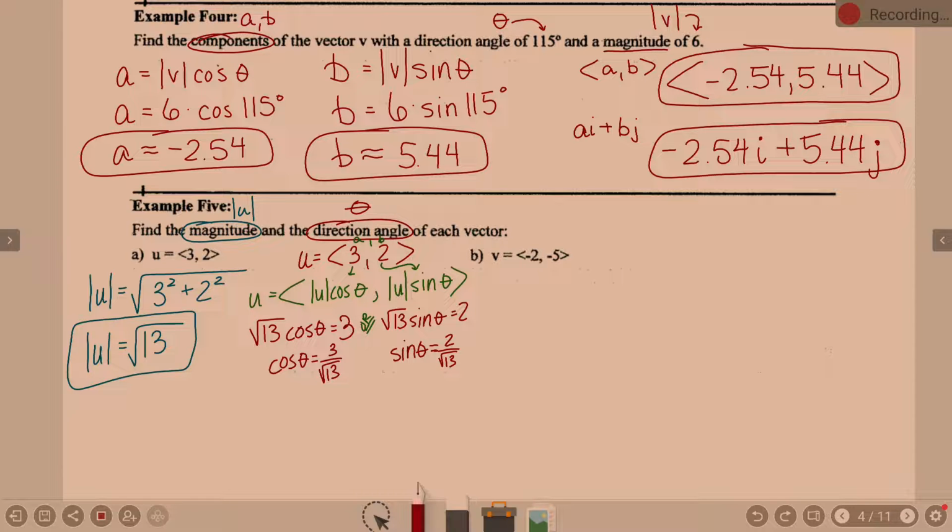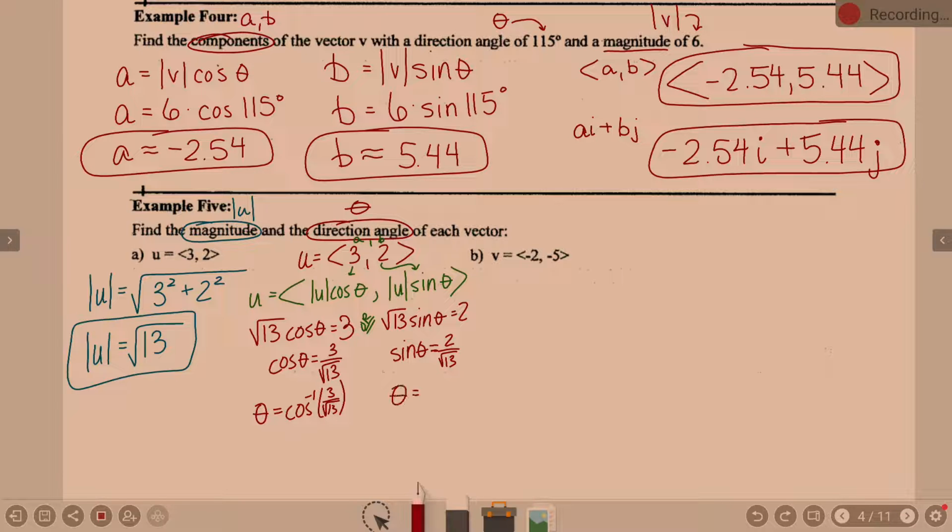How do I find theta in these when I have cosine theta equals a number value? Inverse. Okay, the little negative 1 thing. Remember, if you're trying to find theta and that's inside your trig function, you have to use the inverse function. So you can say, theta is equal to cosine inverse of 3 over square root of 13, and you can go that route.